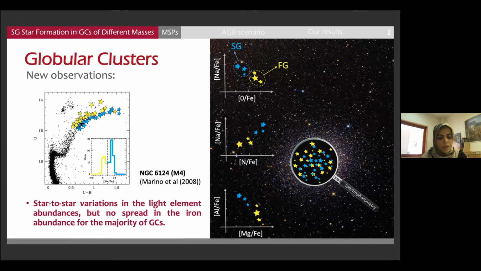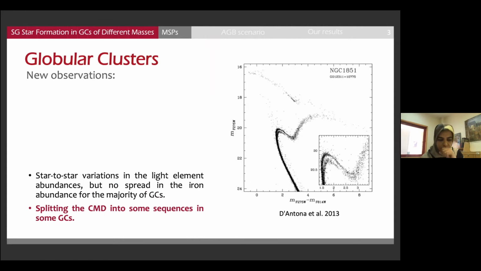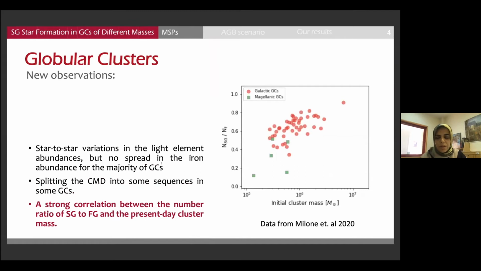From observations, we know that in some massive clusters, the color magnitude diagram can split into more than one isochrone. Here you can see a plot showing the second generation fraction as a function of cluster mass. From the y-axis, we can see that the fraction of second generation stars ranges between 0.2 and 0.8.